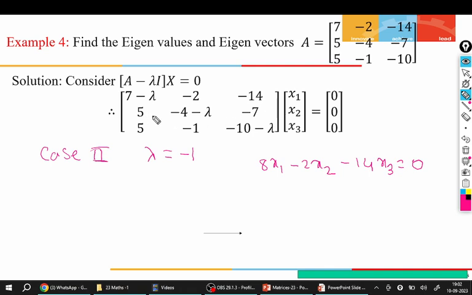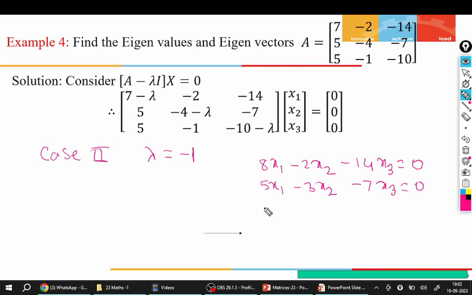The second equation is 5x1, and here is -1, so -3x2, and last is -7x3 equal to 0. Two equations are enough, there is no problem, because it is a non-repeated root. With these two equations, you can find x1, x2, x3 in terms of t.